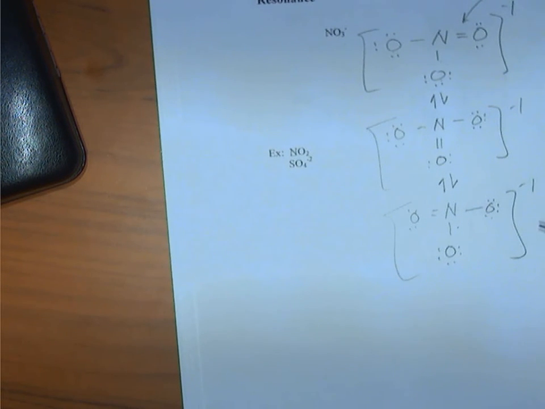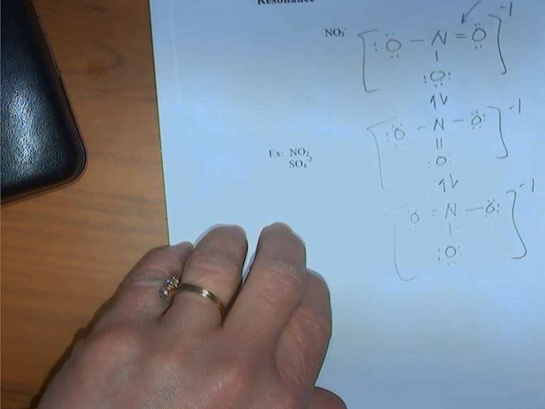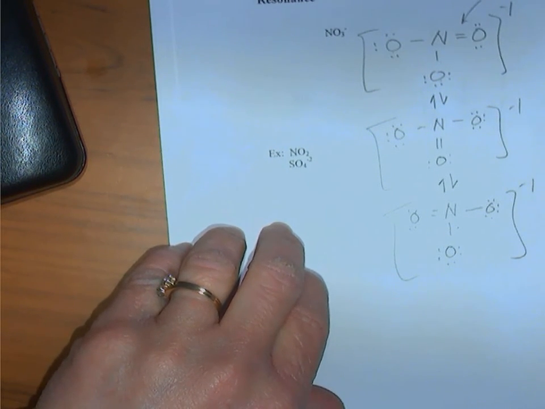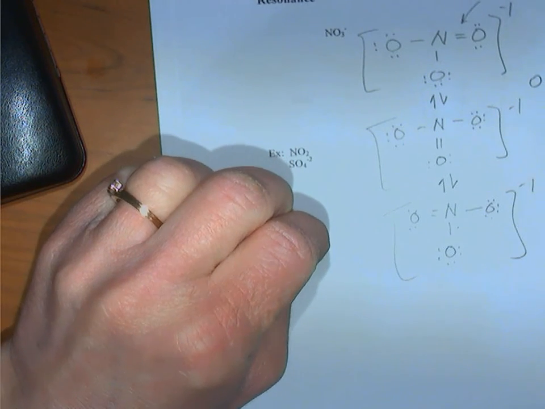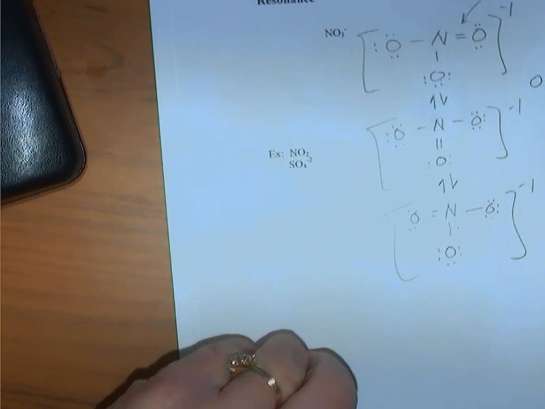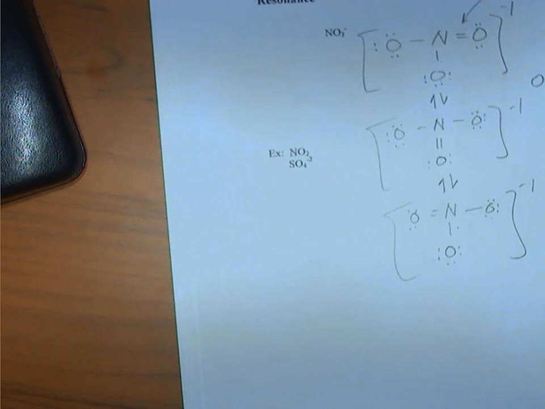Those are the main ones that we're going to see most often. So it really is like, okay, each of the sharings is like a single bond and like a third of a double, because it's alternating so quickly that the length of this would not be as long as a single, would not be as short as a double. It would kind of be like a third of the way toward a double bond, because it's being shared between three oxygen.